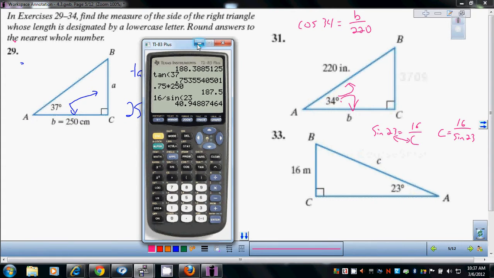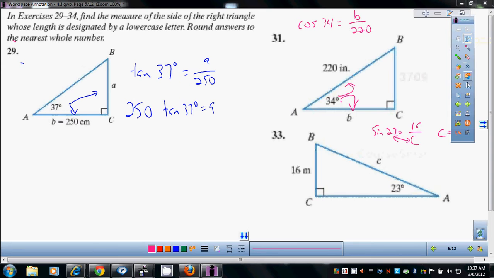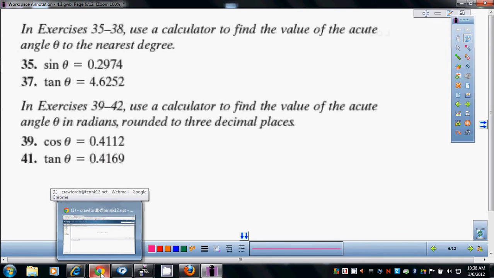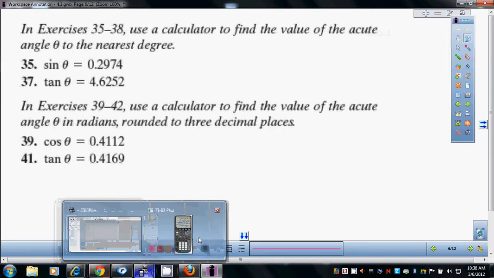Let's just keep marching. Inverse trig. So we know if sine of theta equals 3/5, we could draw a nice triangle and put 3 here and 5 here. But another thing you can do is use inverse trig to solve these. So if sine of theta equals a decimal, you can find out what theta is simply by putting it in your calculator.